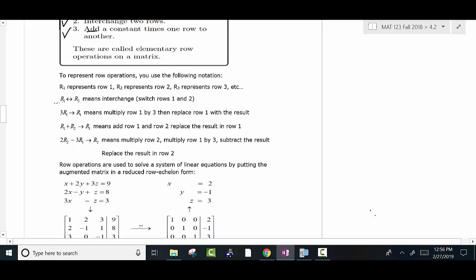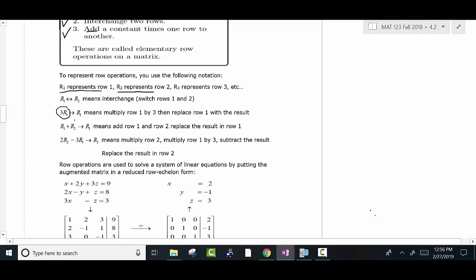So first of all, if you see R1, that represents row 1 of your matrix. If you see R2, that's the second row, and so forth. If you see R1 double arrow R2, it just means you change the rows, and you can do that anytime you want to. If you see this statement, this would say that you take whatever's in row 1 and multiply it by 3, and then you plug it back into row 1.